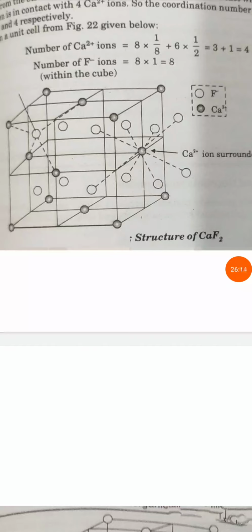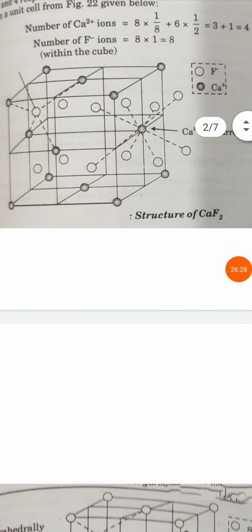And now the limitations of the radius ratio value. Number 1: the radius ratio value in certain ionic compounds fails to predict the structure. For example, in the case of silver iodide, when the radius ratio is calculated, it comes out to be 0.52. It lies within the limiting value of 0.414 to 0.732, so the coordination number is 6.